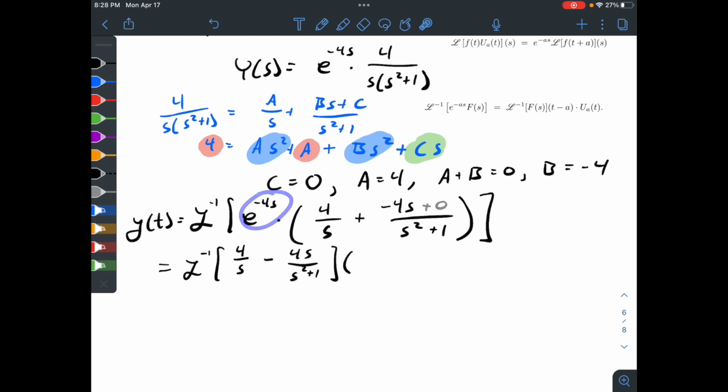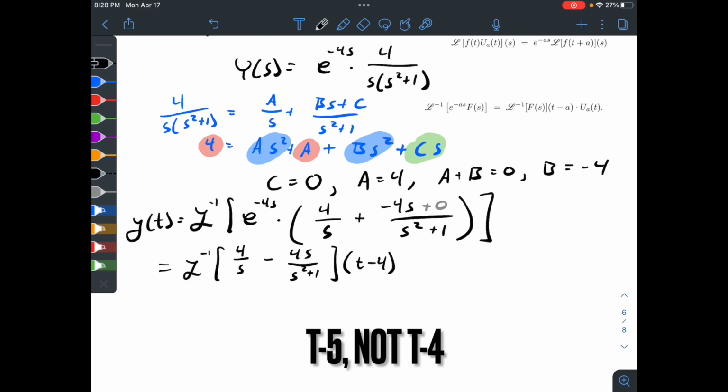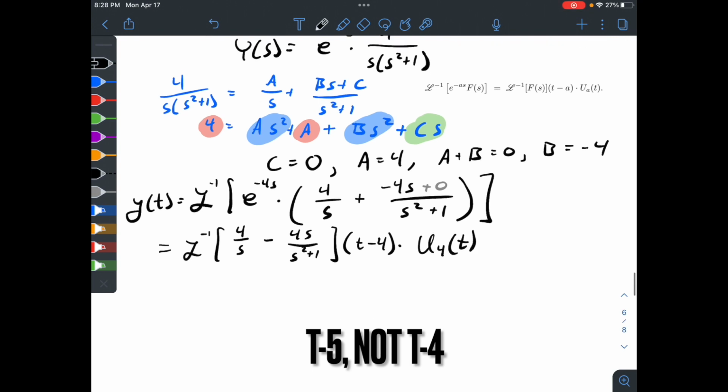Because this is an e to the -4s thing, a is 4, so we replace all of our t's with t minus 4's, and then multiply by u sub 4.